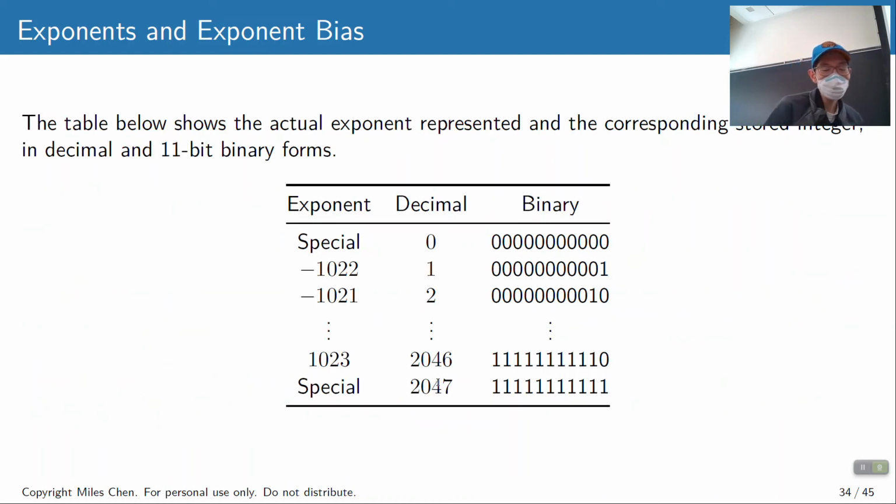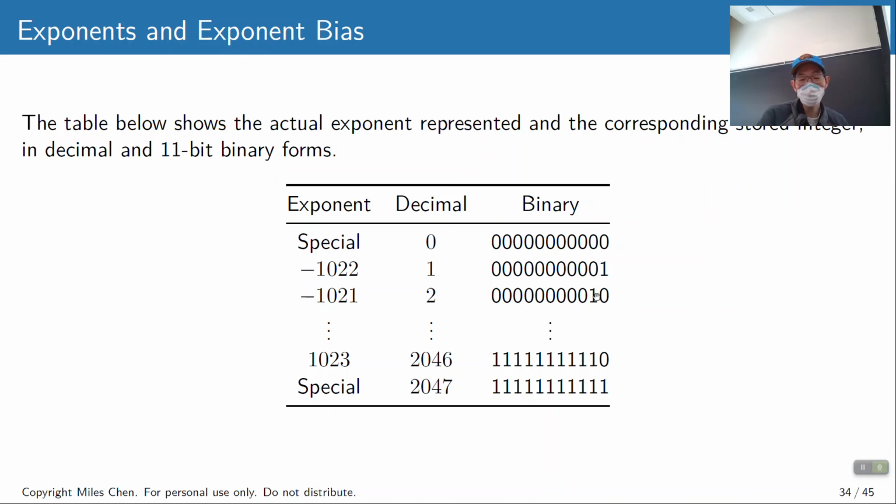If we were to list all the possible values that we can represent in binary notation, we have a special case for all zeros. The first value that we could possibly represent here in decimal is 1, but as far as the exponent goes, it gets stored as negative 1,022.